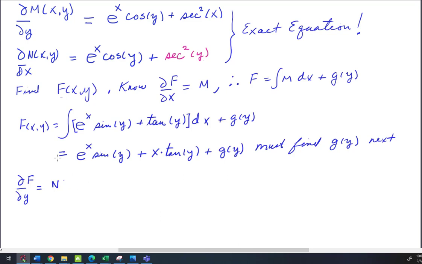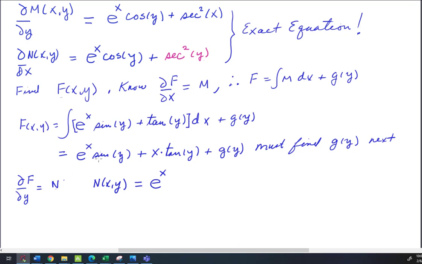So if I would take f, and here's f, this expression is f, and differentiate it with respect to y, I would have n. Now, n is a long expression, so for right now, I'm just going to write this as n of xy. We'll replace that in just a minute. Now take the derivative of f with respect to y.